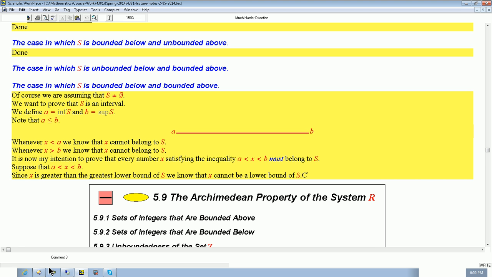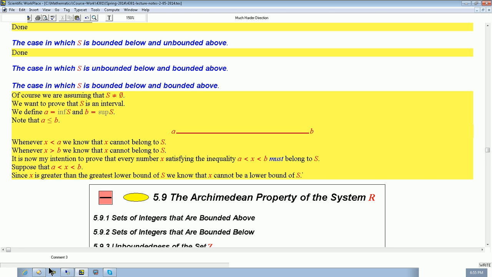Can we go over that again real quick? A number is not a lower bound of a set means there exists a member of the set that is less. It's only a matter of knowing the definition. If a number is not an upper bound, there exists a member of the set that is bigger.